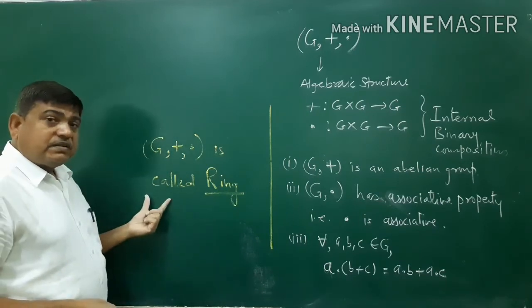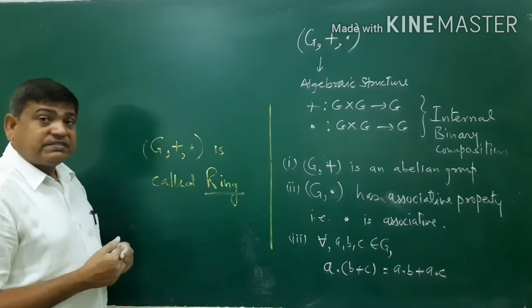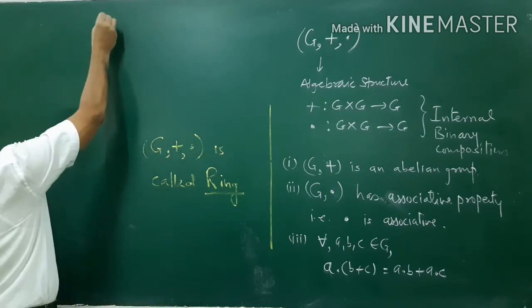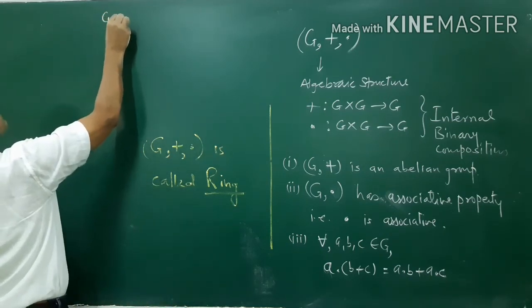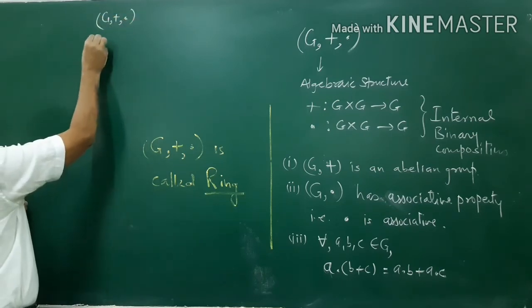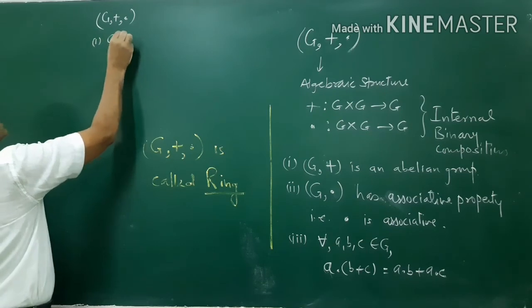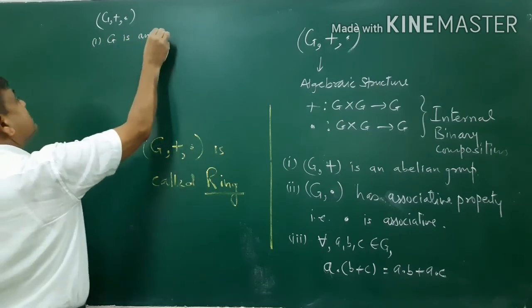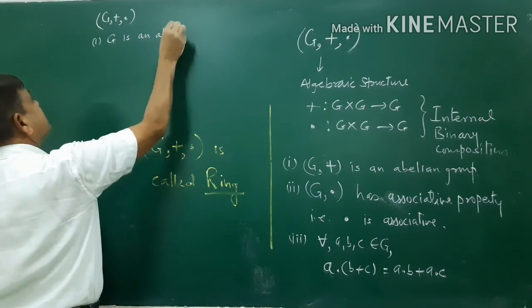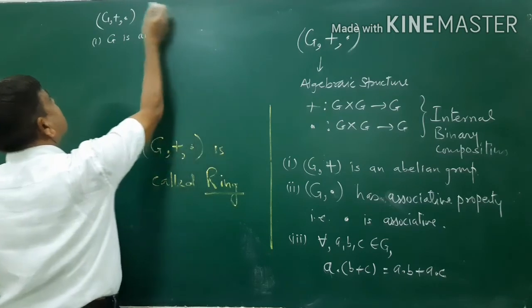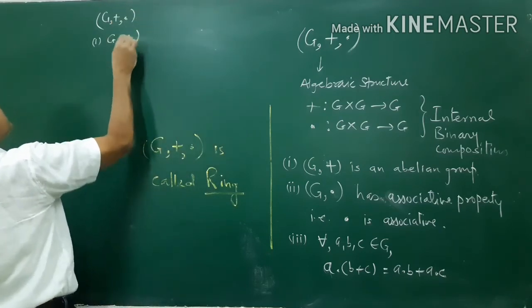Okay, now I increase the properties here. First, G is an abelian group. It is better to write like this.